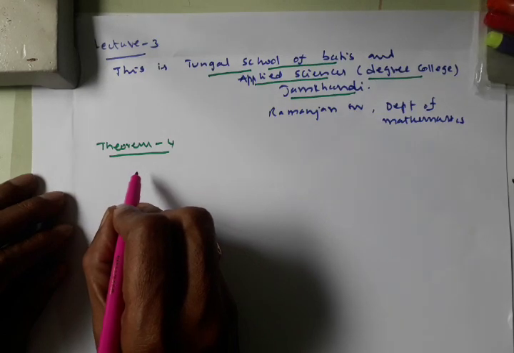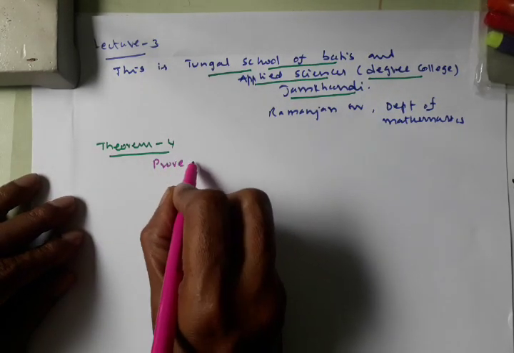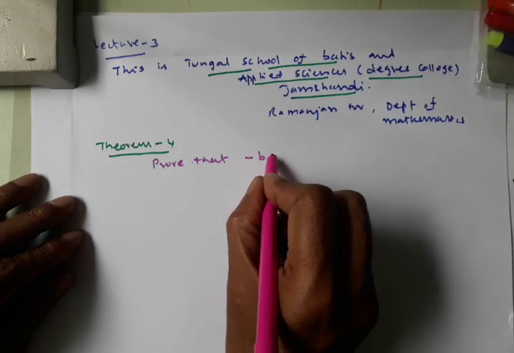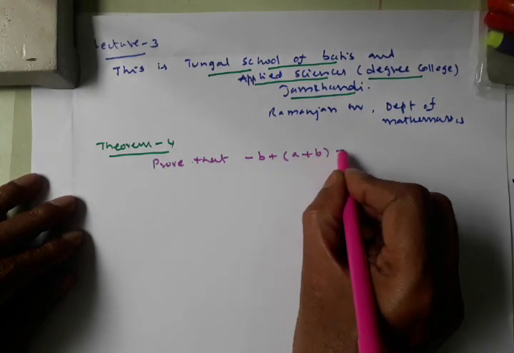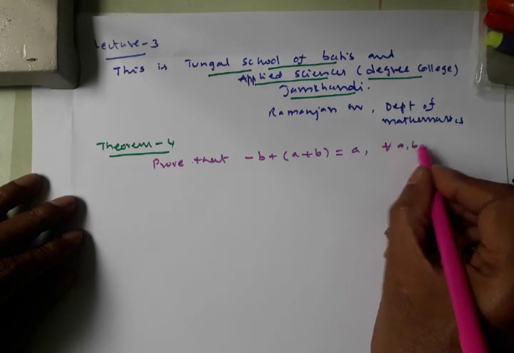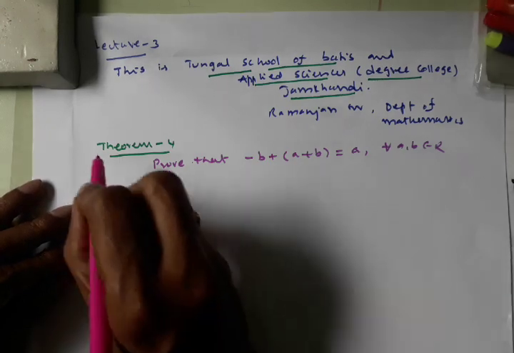Let us see now theorem 4. Prove that minus b plus of a plus b is equal to a, for all a, b belongs to R.